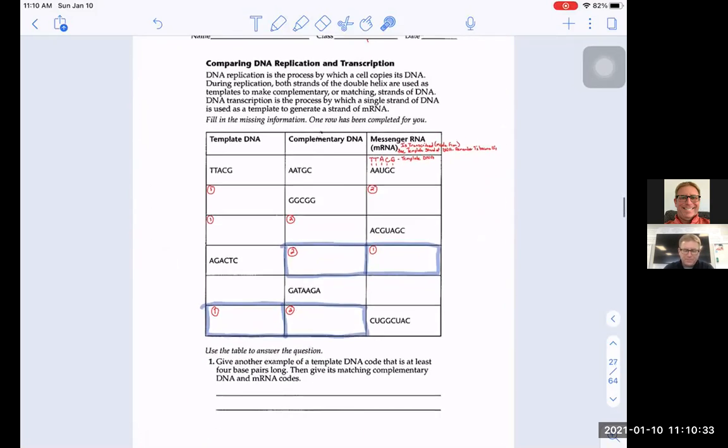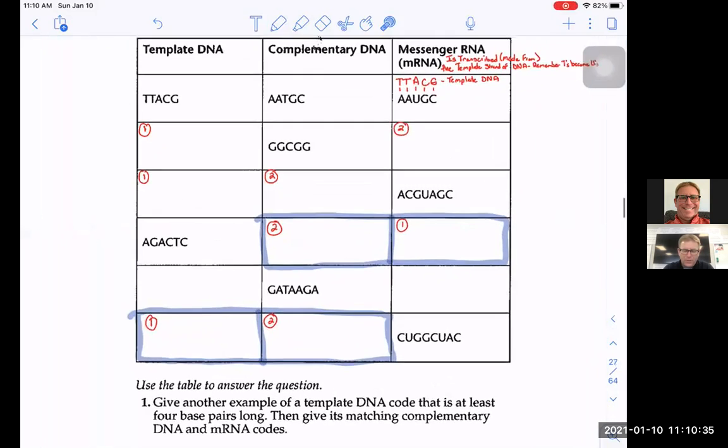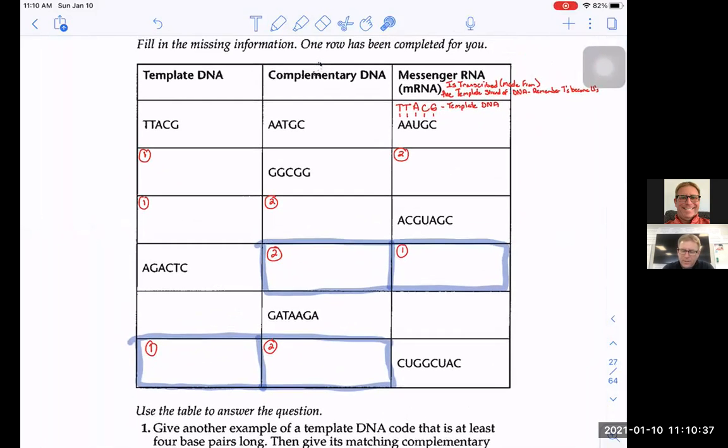And then this one here, I've written a little note that says this messenger RNA is transcribed or made from the template strand of DNA. So you're going to be using this strand here, the template of the DNA, to make this strand here. And then this middle strand is complementary to the template.